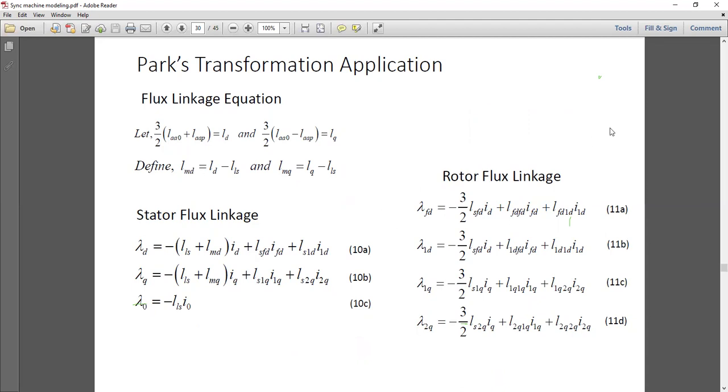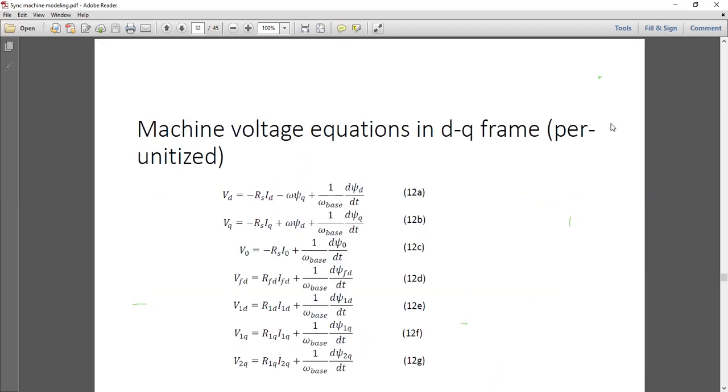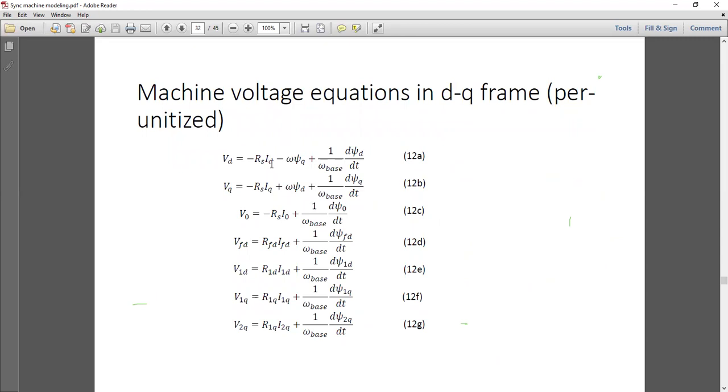This change of notation simply signifies that we are now in the per unit domain. So R is in per unitized form, I is in per unitized form, and psi is now capital psi. This is the per unit flux linkage along the Q axis, and the per unit flux linkage along the D axis.